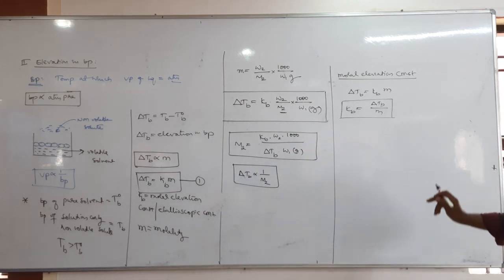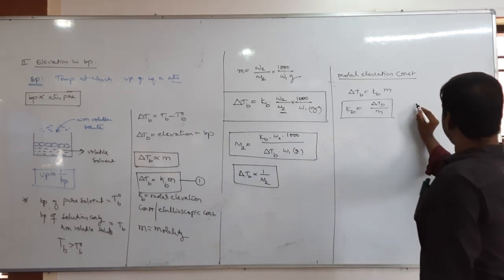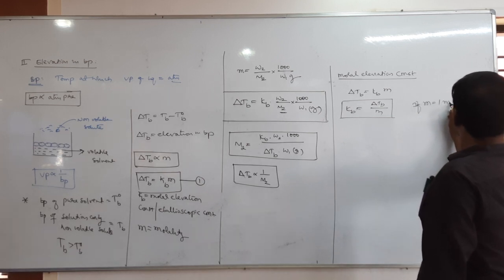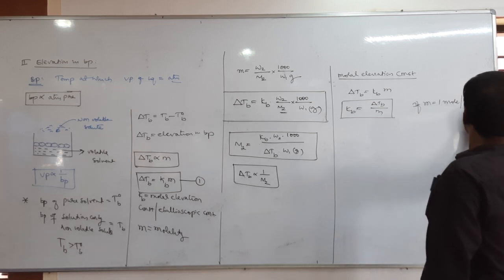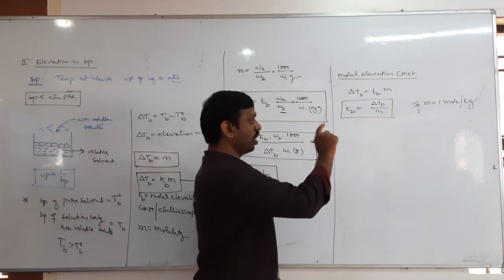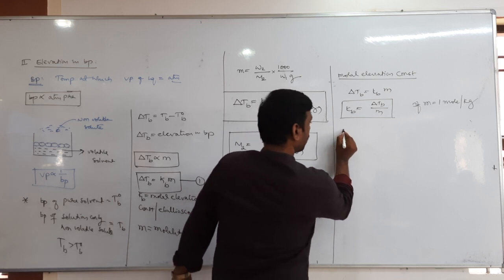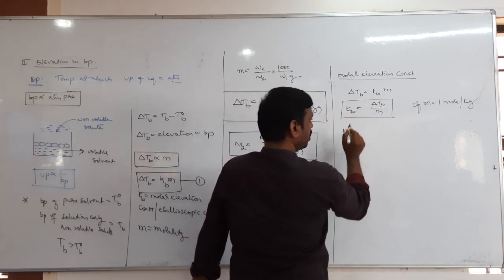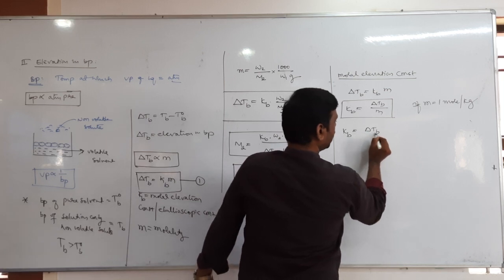The molal elevation constant can be defined as follows. If molality is equal to 1 mole per kg, then Kb is equal to delta Tb.